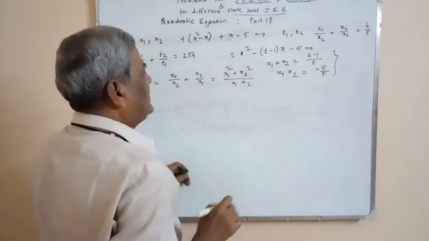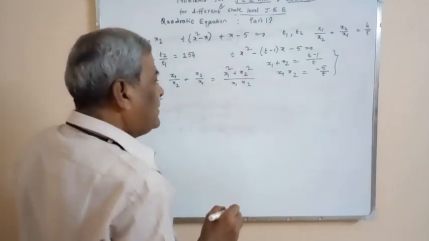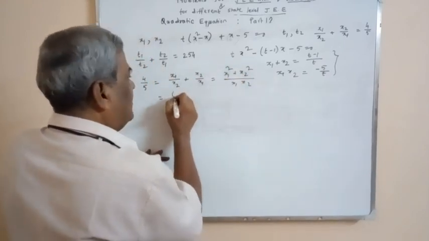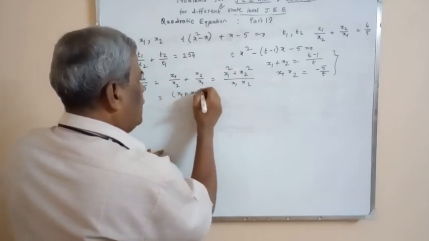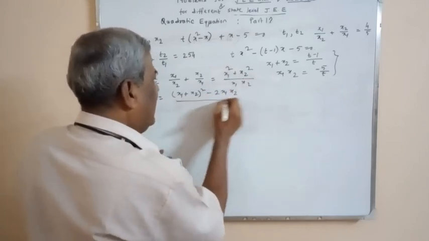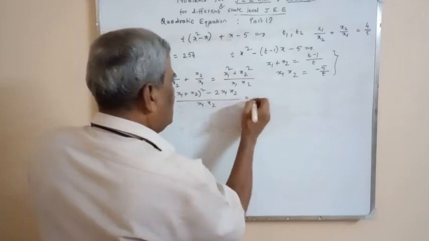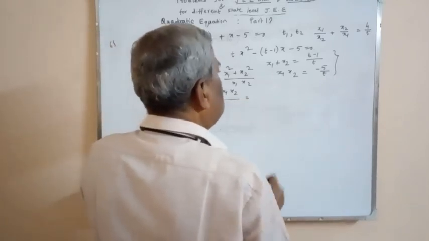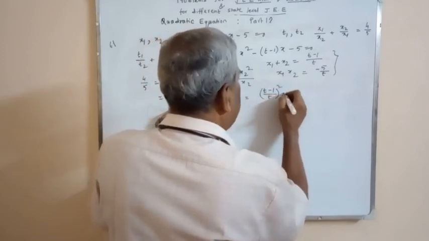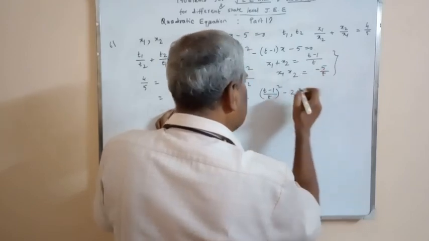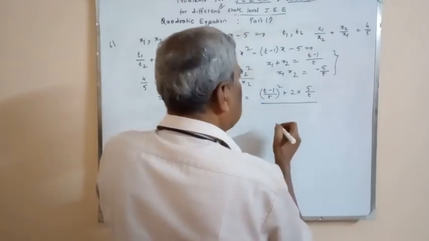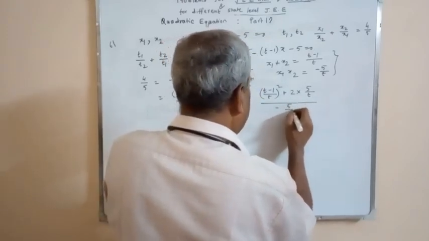Simply by adding that. x1 plus x2 known, x1 into x2 known, so converting this in that term, x1 plus x2 whole square minus 2 x1 x2 numerator by x1 x2 is equal to x1 plus x2 whole square is t minus 1 by t whole square minus 2 into minus 5 by t, divided by x1 x2 is minus 5 by t.